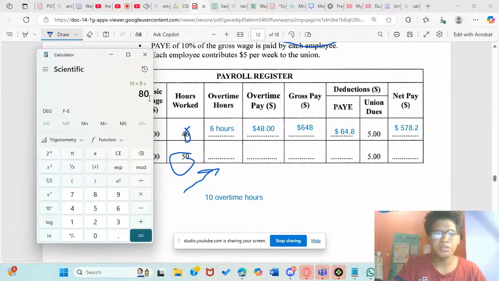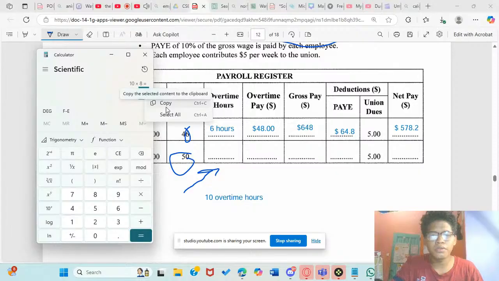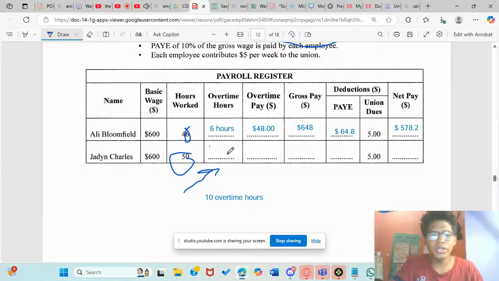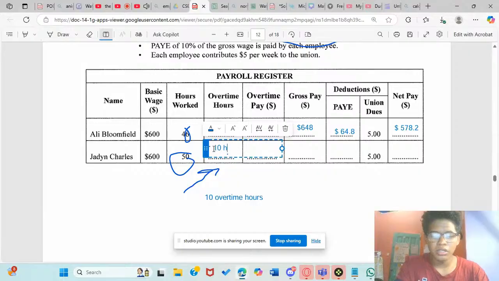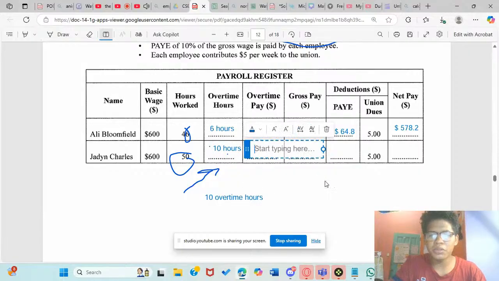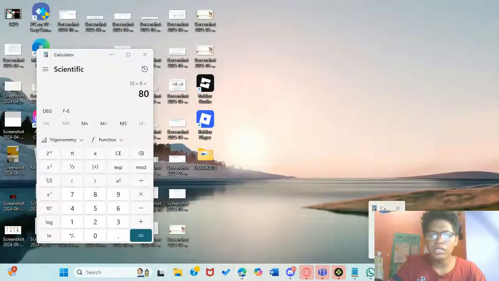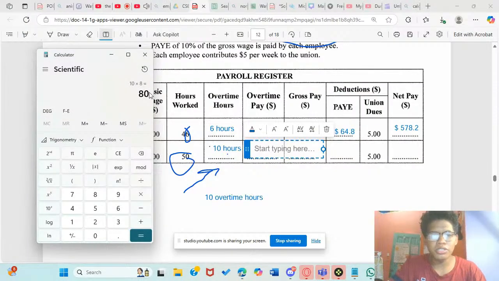That would be an initial of $80. His overtime hours is just 10. Let's just put that in right now. 10 hours. Let's look at his overtime pay. We already know that it is $80.